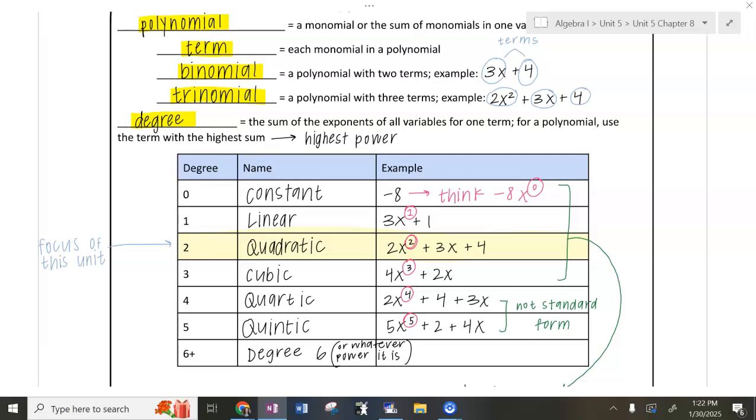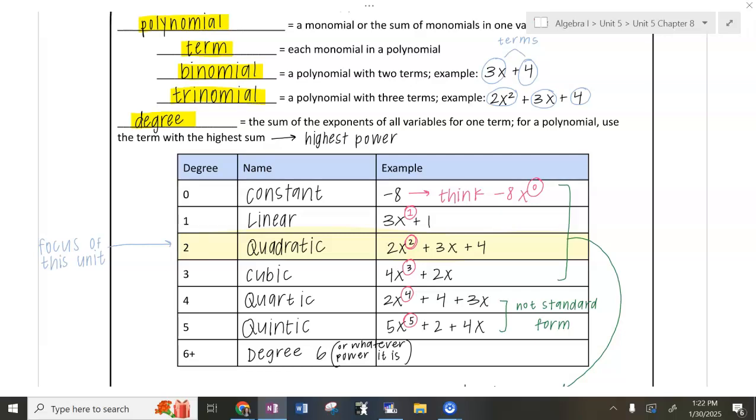So if it's degree 0, meaning the highest power is 0, that name is called a constant. So an example would be like -8. Think of it as, you know, that's -8x to the 0 power. 0 power is a constant. It's never changing. It doesn't depend on the variable.